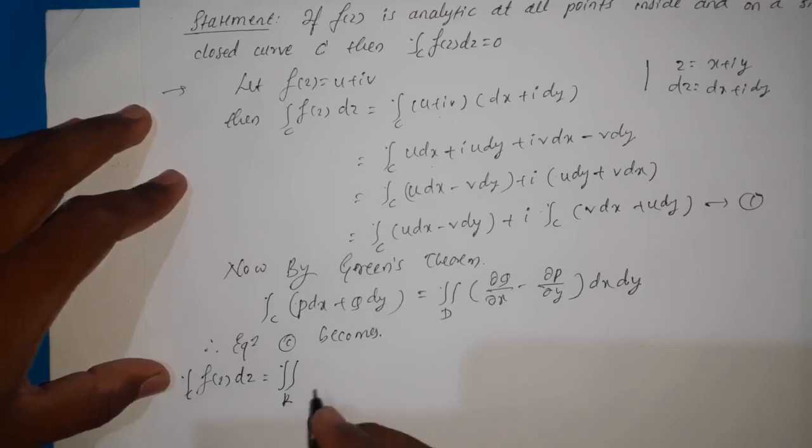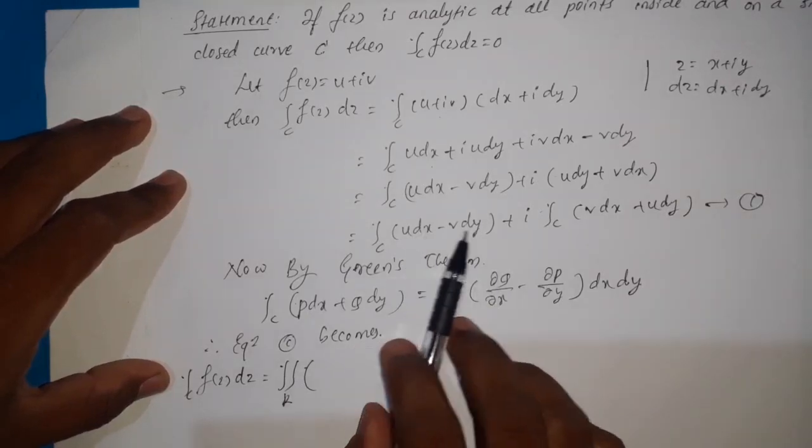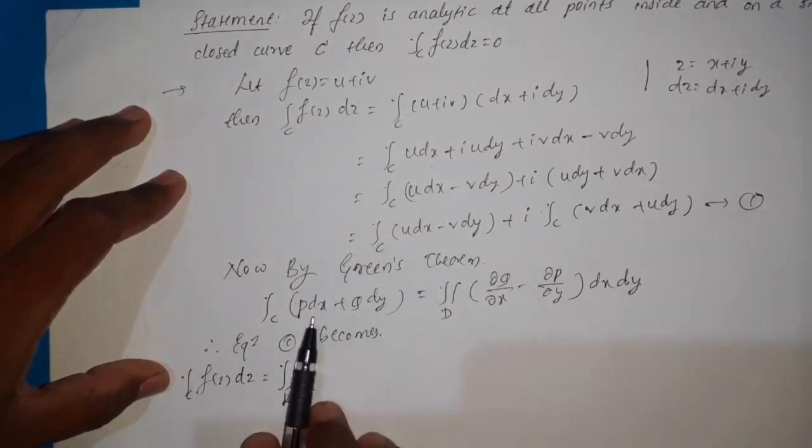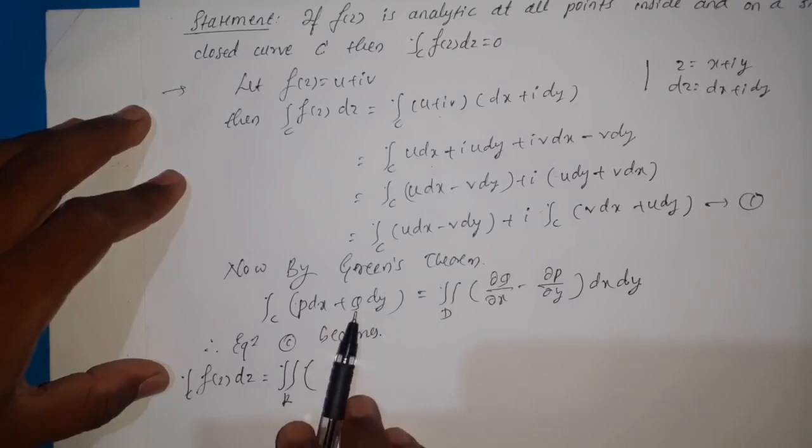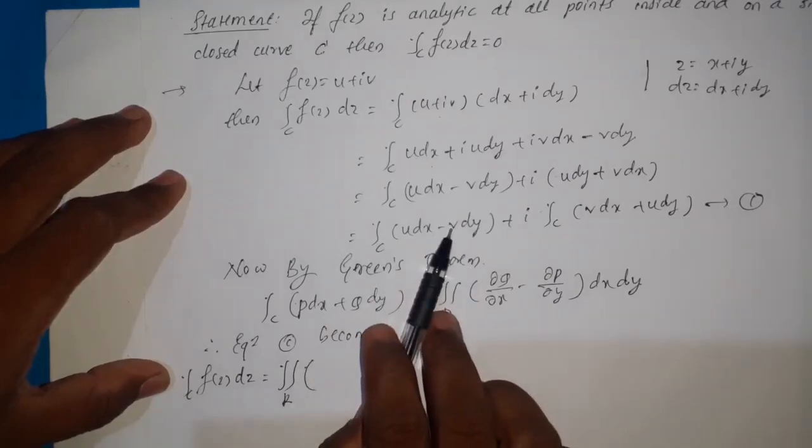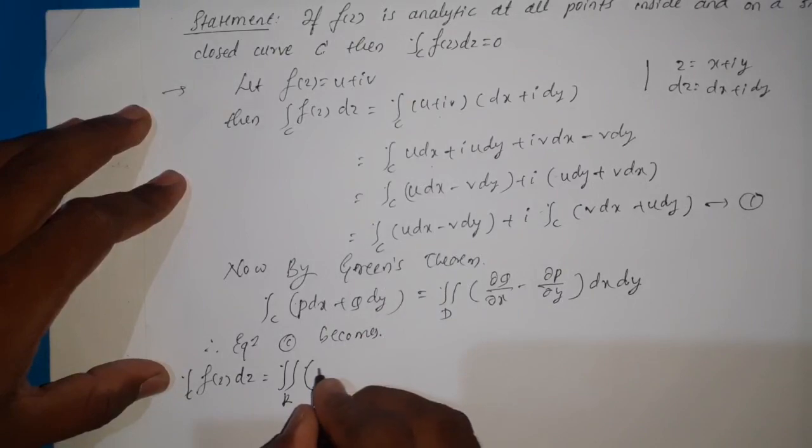So double integration over r into here u dx minus v dy, p dx plus q dy, means q is equal to minus v. So therefore this becomes minus dou v by dou x.